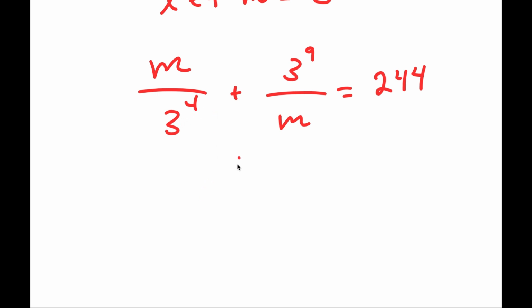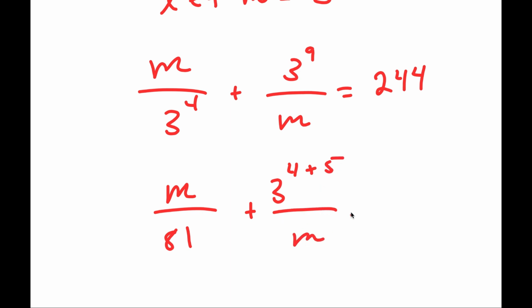And 3 to the power of 4 is 81. So I get m over 81 plus 3 to the power of 9, which is the same thing as 3 to the power of 4 plus 5, over m is equal to 244.